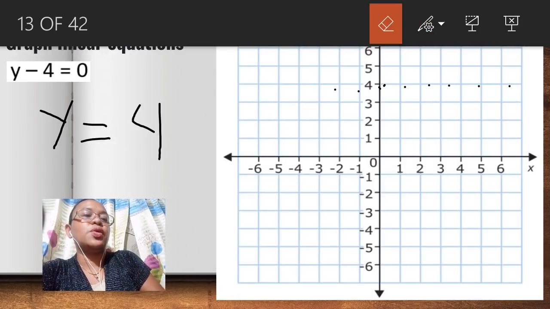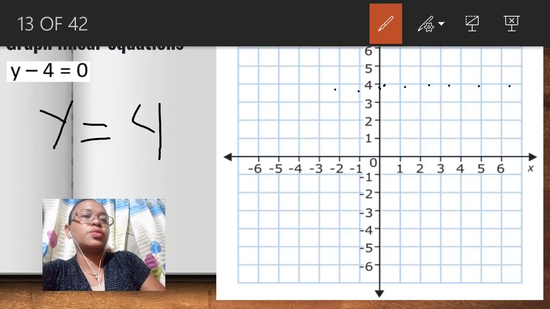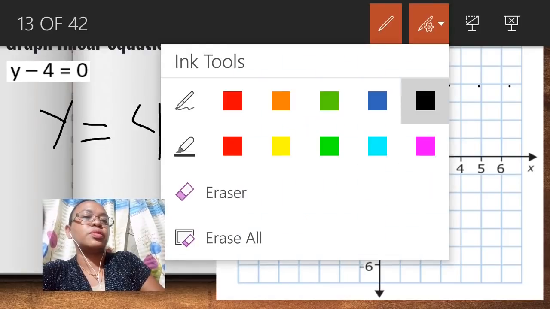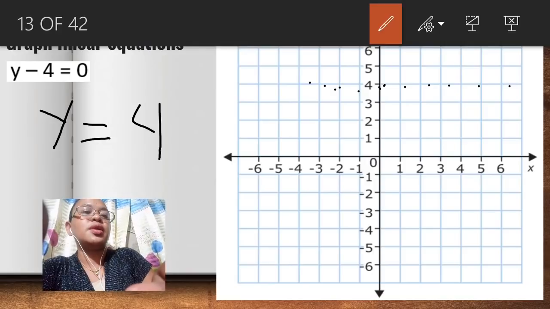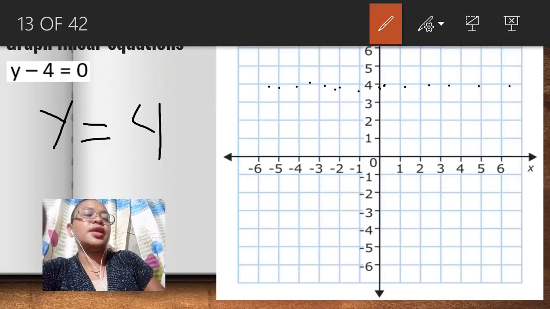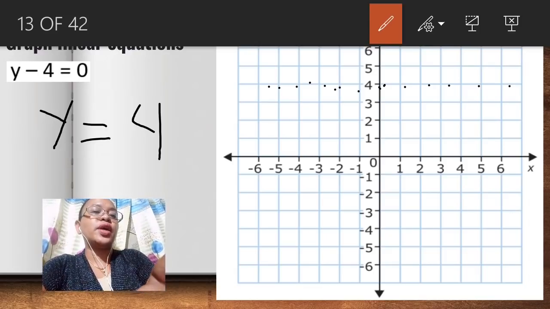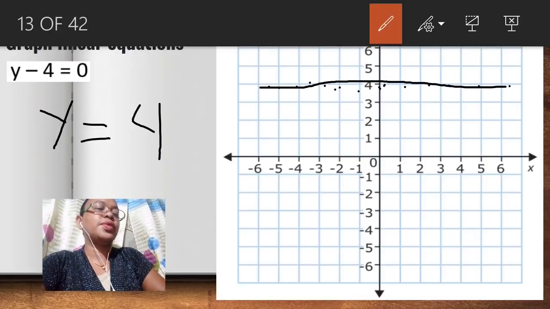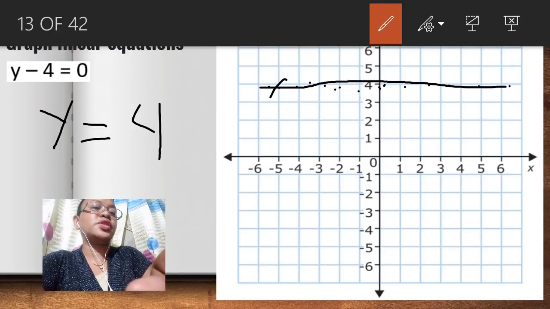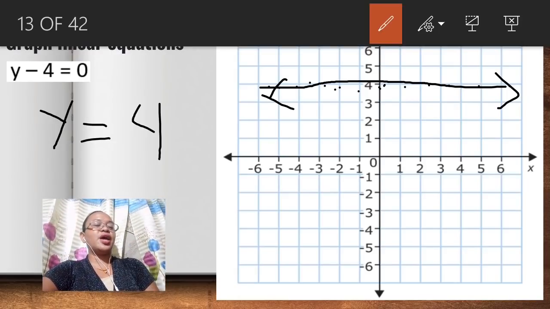Okay, so this one here, all this one, the line, that is where y is equal to 4. So you can just put a line there. So that becomes your graph. It is in that area where y is equal to 4.